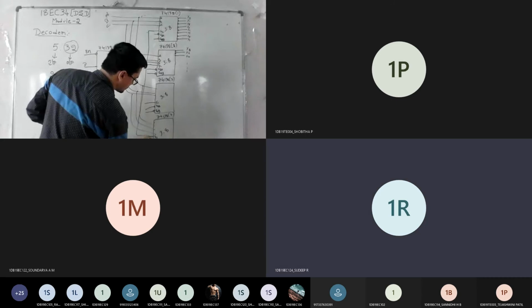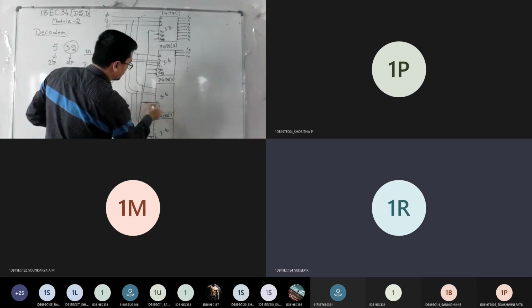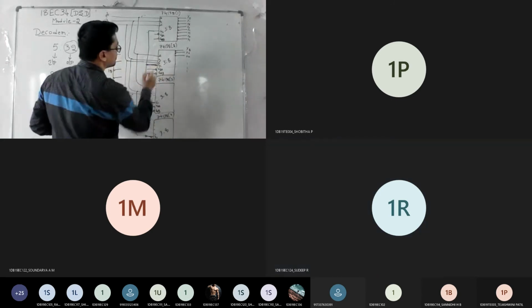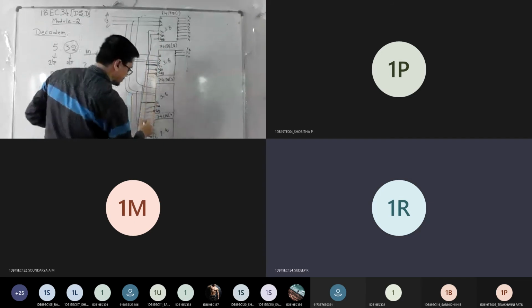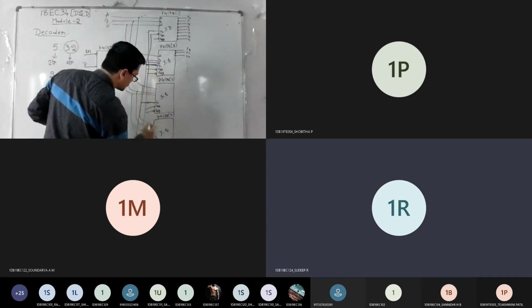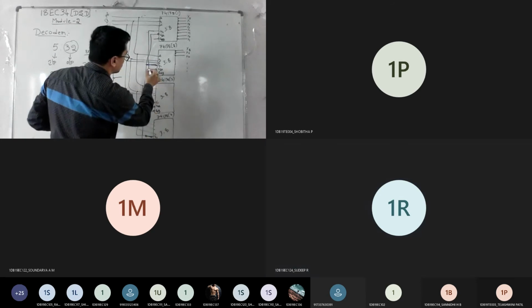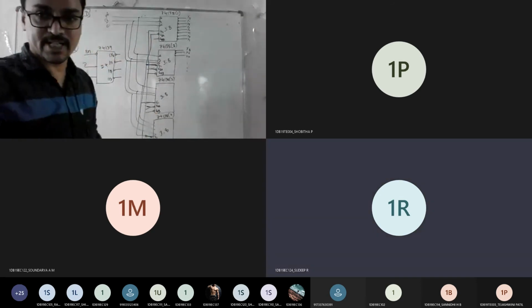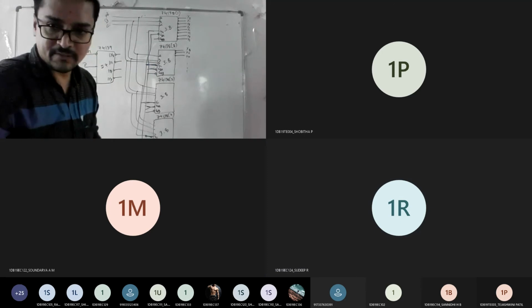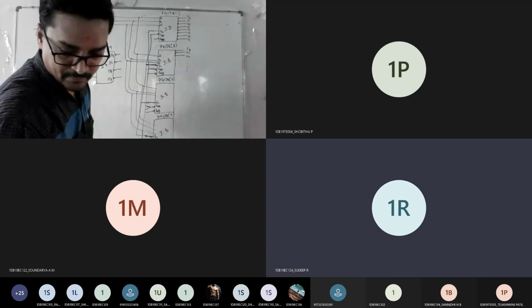So I'll just mark this with a blue color. Identification for you. G1 is done. Similarly, G2, G2 is done. Okay. So after connection of G1, G2, now we are left with your G2B.